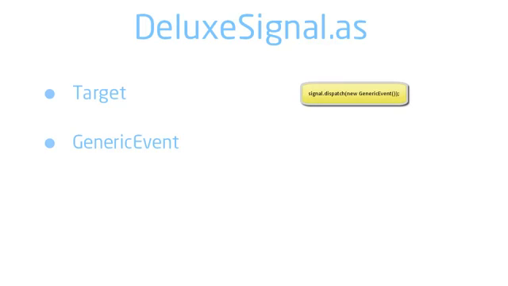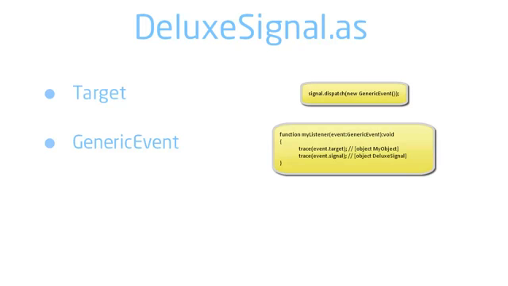Second, there's the Deluxe signal, and this of course inherits the same functionality that the regular signal has. But it also allows you to optionally specify a target for the event in the constructor of the signal. Also, when dispatching this signal, you can optionally pass along a generic event, which is another class from the signals package. This event can be received in any listener function, and from that event you can access the target of the signal and the signal itself.